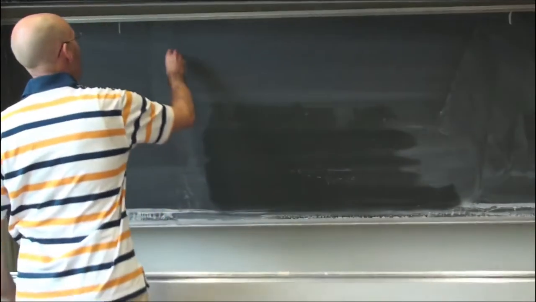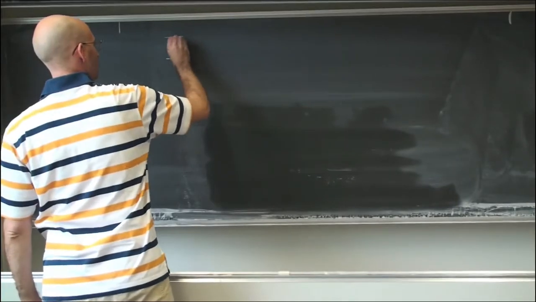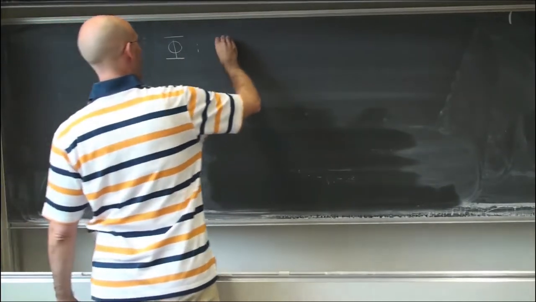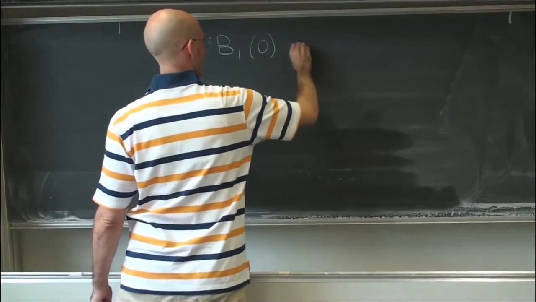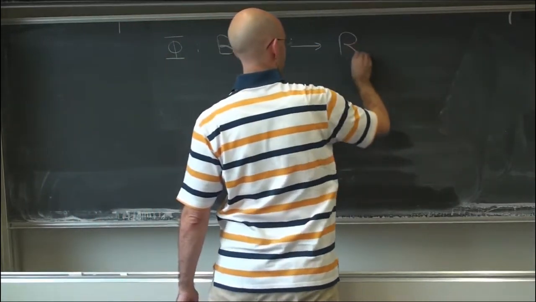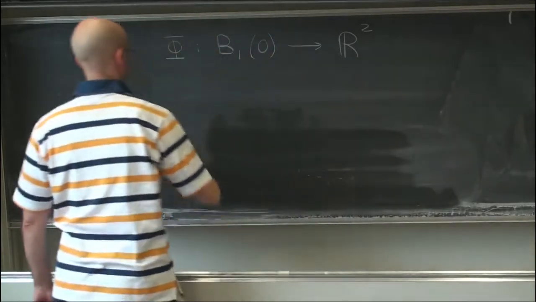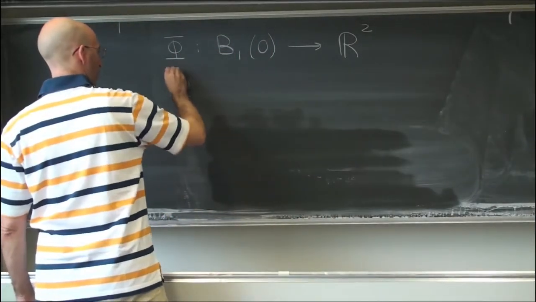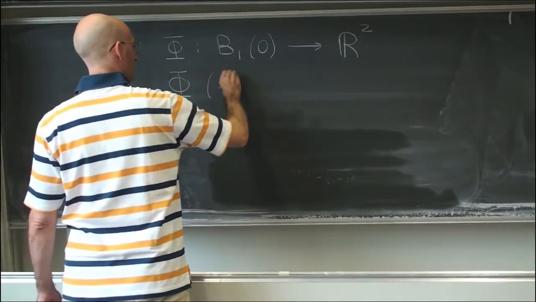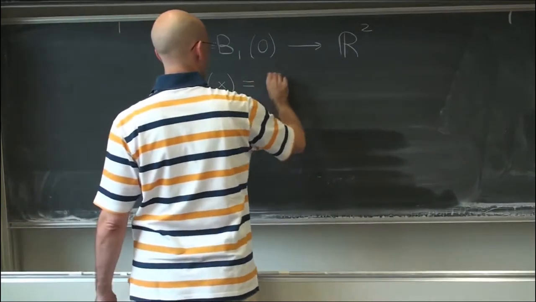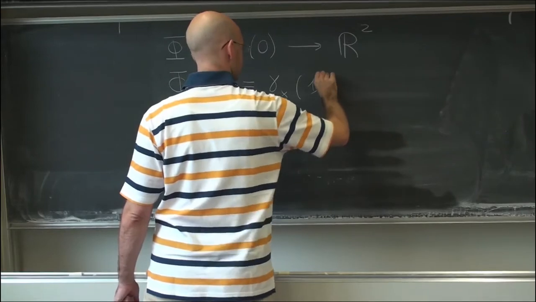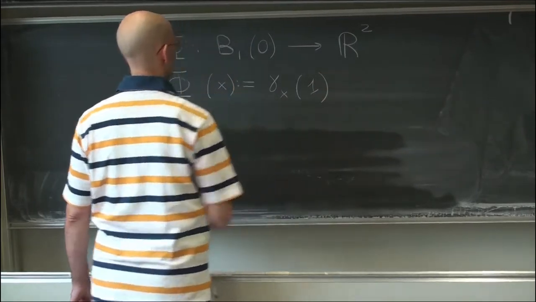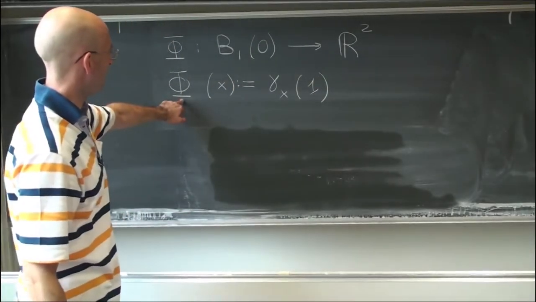We now have a map phi, which is describing the motion of the whole system of particles. We are just going to look at time 1, where the particle who started at time 0 at the point x is standing. So this is the definition of our map phi.